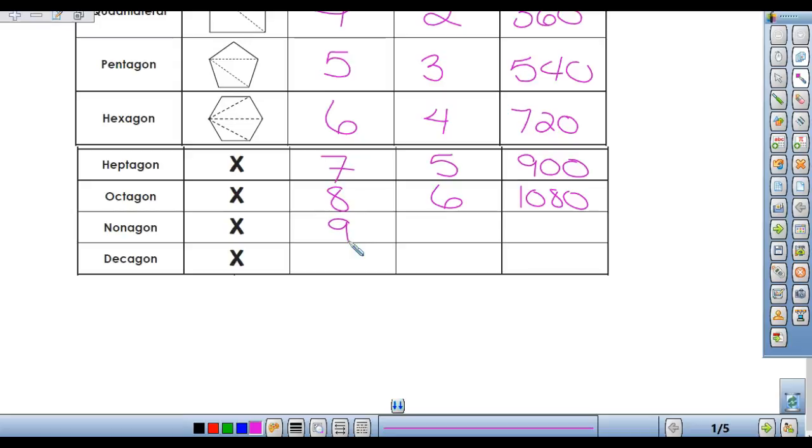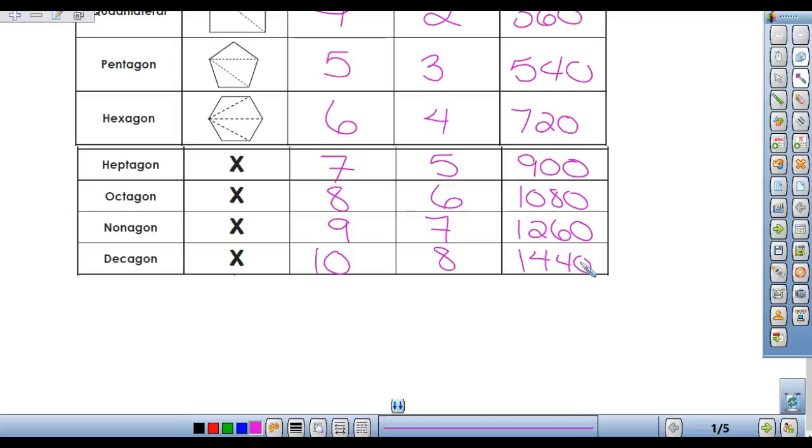How many triangles? 7, and 1260. Decagon. 10 sides. 8 triangles. 1440.